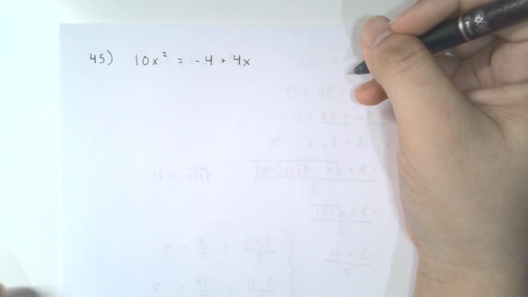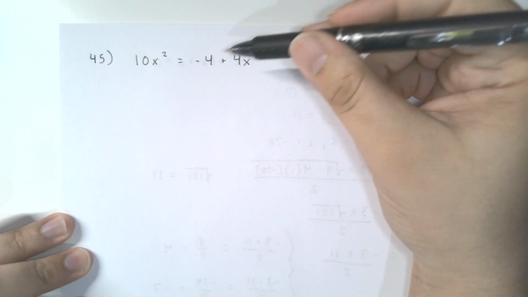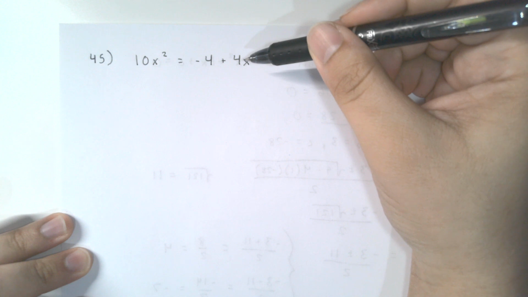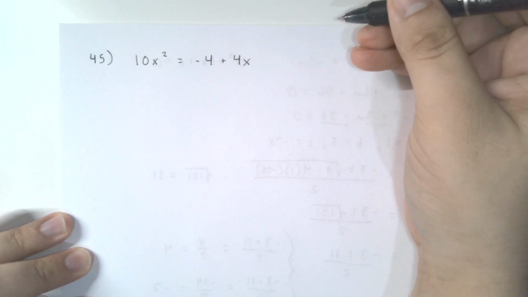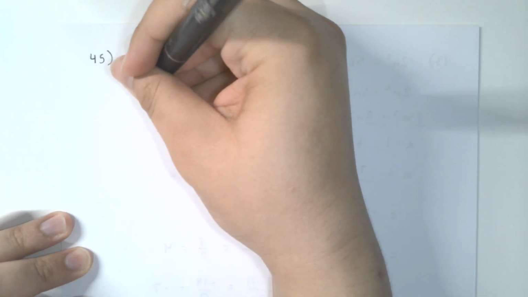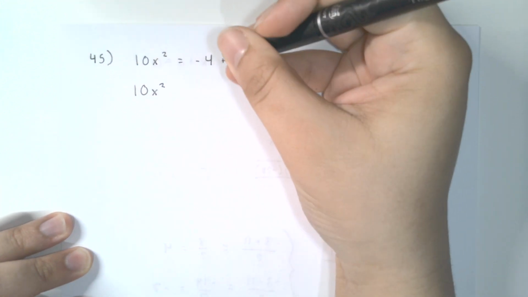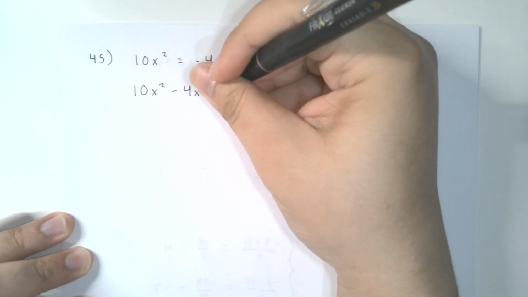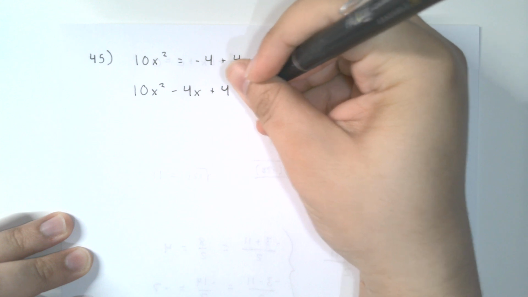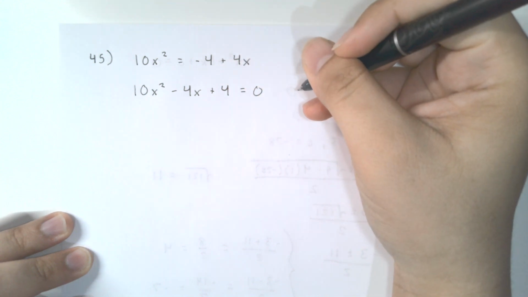And this is not in standard form. So we want to move this negative 4 and this plus 4x over to the left-hand side, which means we will add 4 and subtract 4x from both sides. That's going to give us 10x squared minus 4x plus 4 is equal to 0.